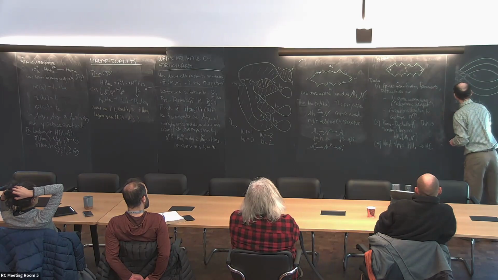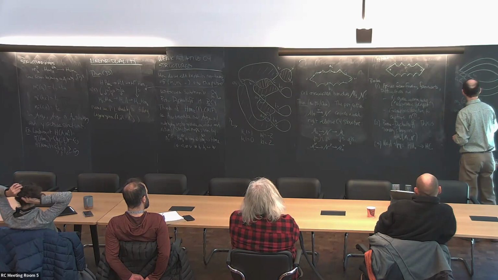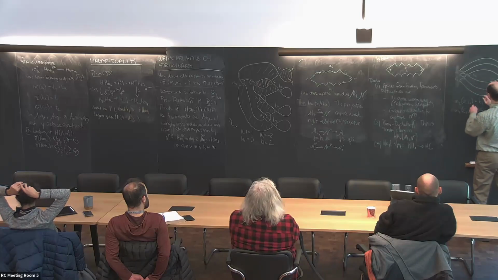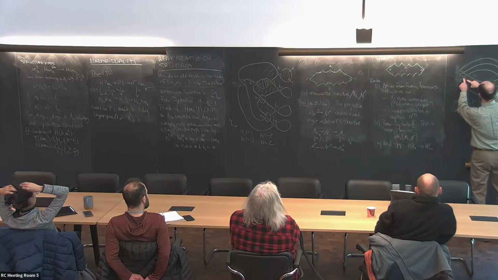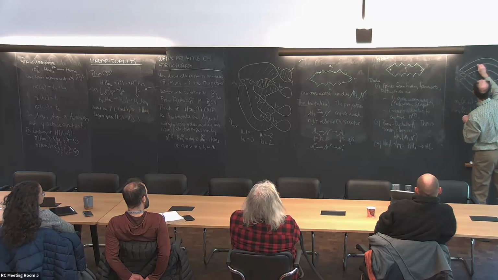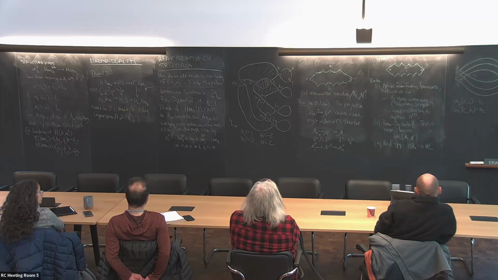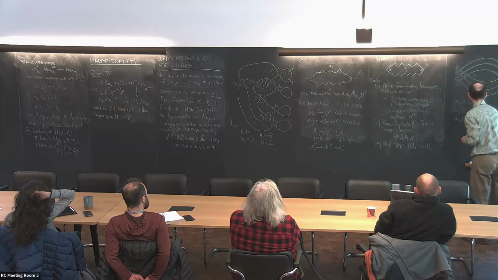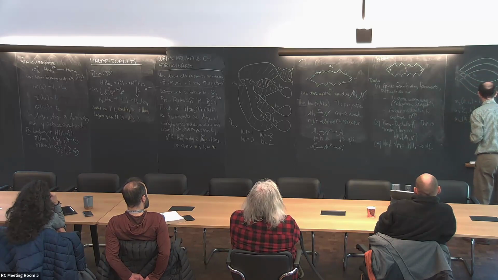The cup product of C1 and B2, that would be this disk, I should get A2. And if I take the cup product of B2 and A1, I damn well better get C2.